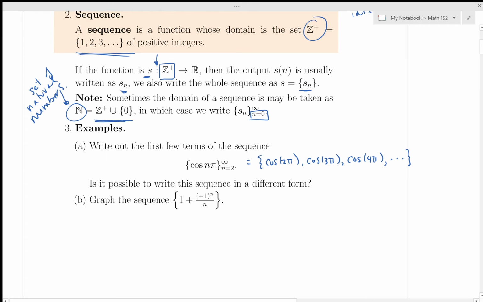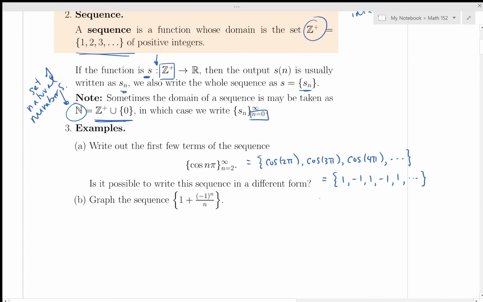Now you can notice that if I calculate the cos of 2 pi, the cos of 3 pi, this is in fact equal to these numbers right here: 1, minus 1, 1, minus 1, 1, dot, dot, dot.